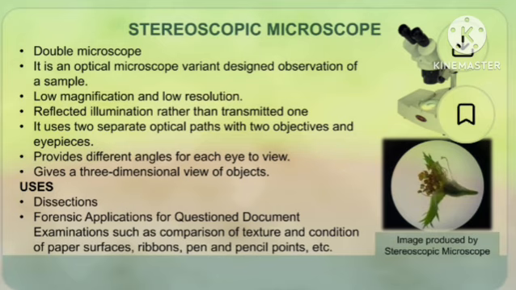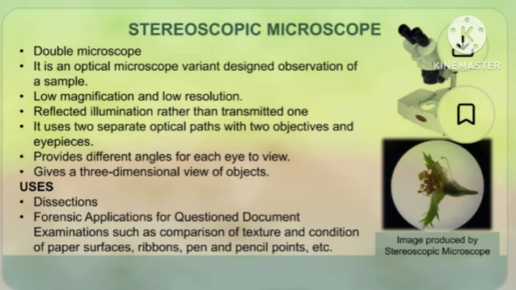The use is in forensic applications for questioned document examination, such as comparison of texture and condition of paper surfaces, ribbons, pen and pencil points, etc. You see the pictures. What are the comparisons of light microscopy? You see that picture.